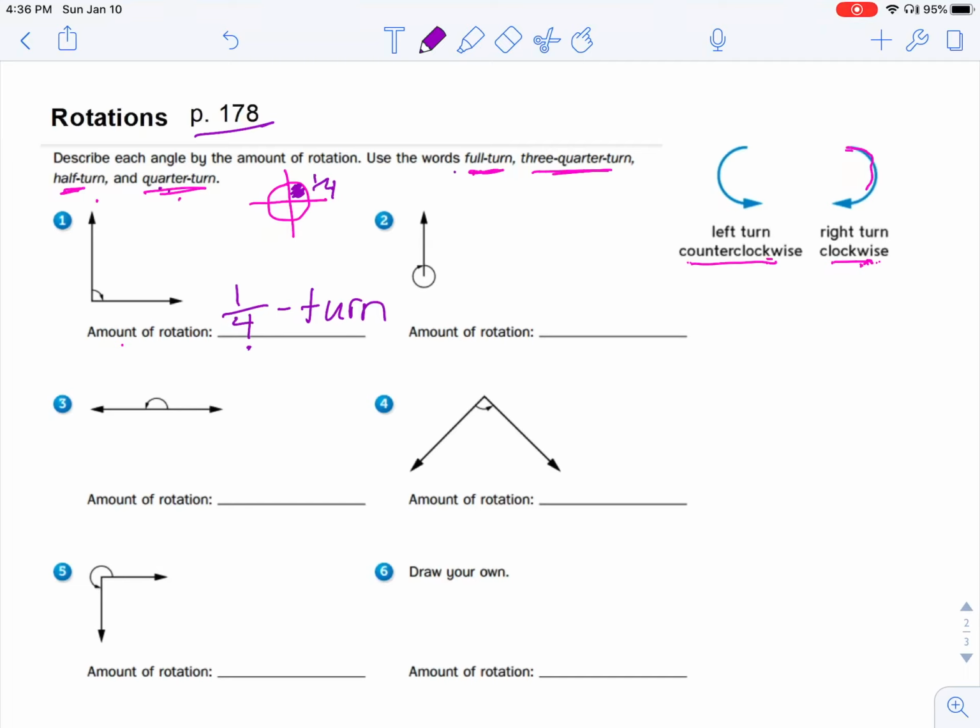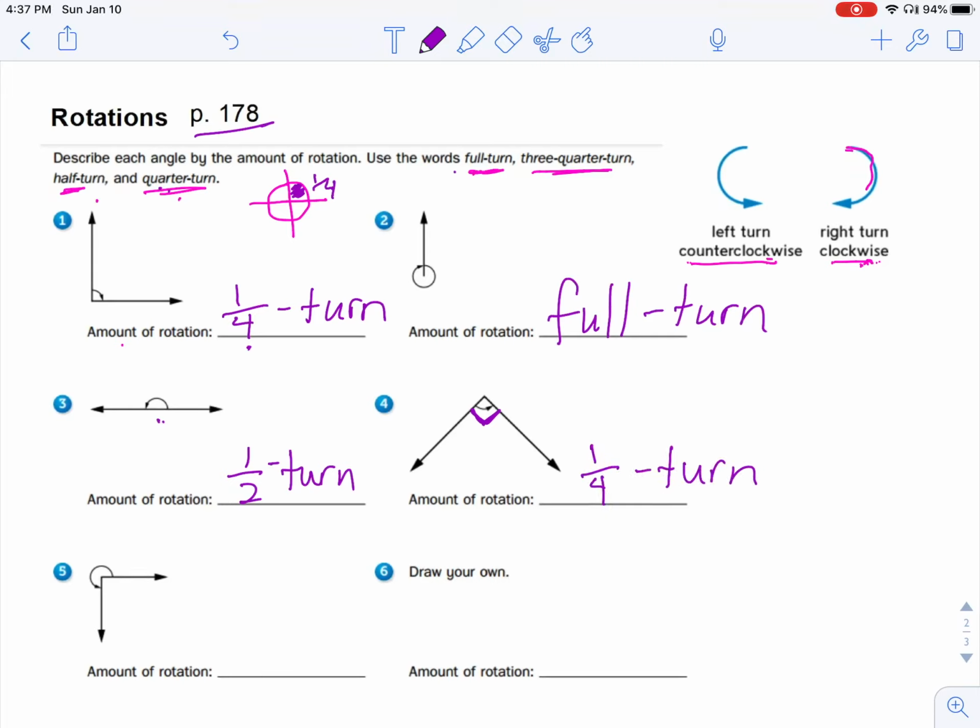Okay, this next one, the number two, what do you notice about that? That one's in fact a full turn. Okay, and then if we looked at number three, what's that one? How far is that? That is just a half of a turn. Okay, number 4. If you look, this is actually a 90-degree angle, a right angle, also known as a quarter turn.